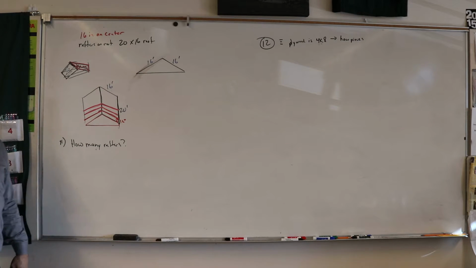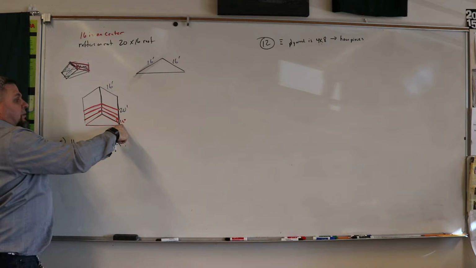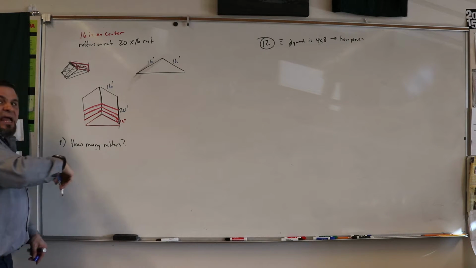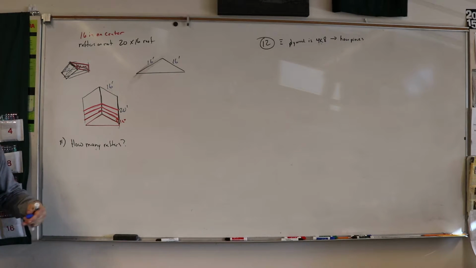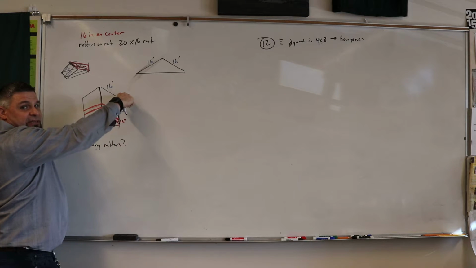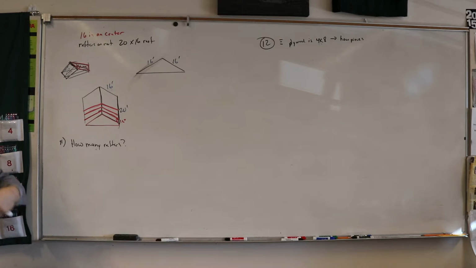It's an isosceles triangle, right? All they want to know is how many do we need in a 20-foot section, because it's 20 feet long. Does that make sense? So how many rafters do we need in 20 feet?